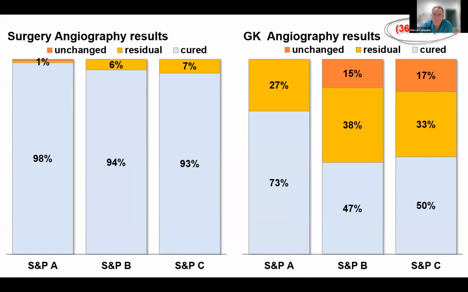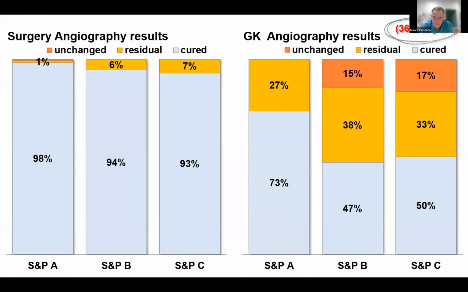although there is a small AVM, when it's superficial, in our opinion, surgery remains the main effective treatment, rather than gamma knife.